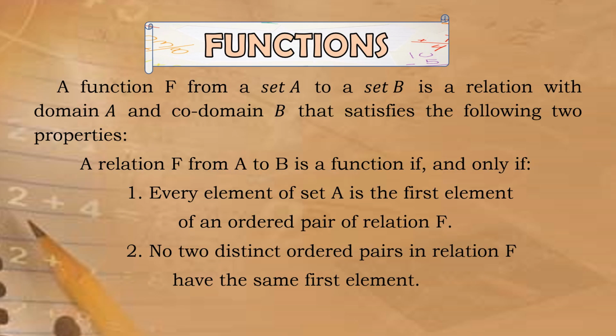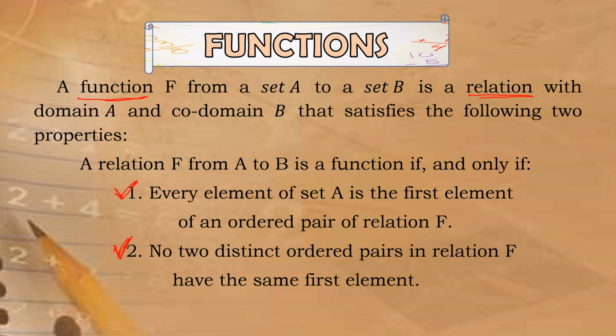A function f from a set A to set B is a relation with domain A and codomain B that satisfies the following two properties. So again, we are considering now the functions. Okay, so a relation can be considered as a function if we satisfy these two properties.